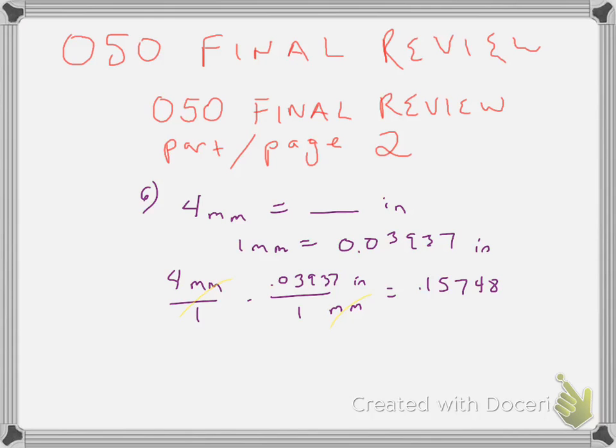Go to another page. 0.15748, well, you know, in scientific notation, you're going to do times some power of 10, and the number in front has to be between 1 and 10. So we'll just move that decimal place over 1 place. So since it moved once, put a 1 over there.